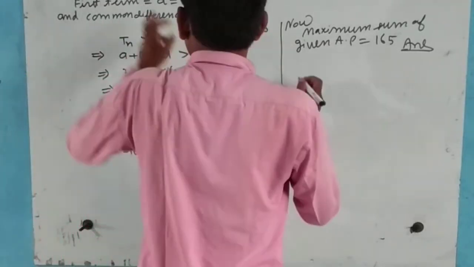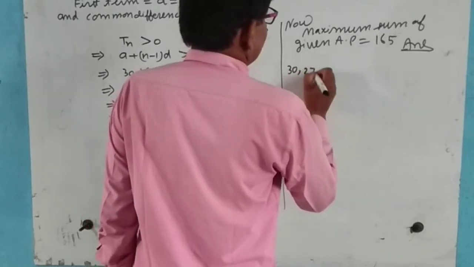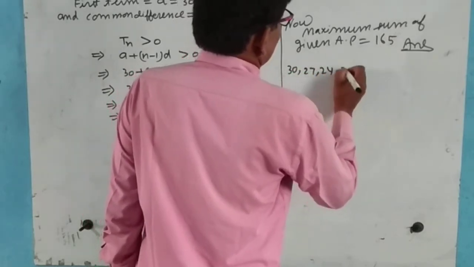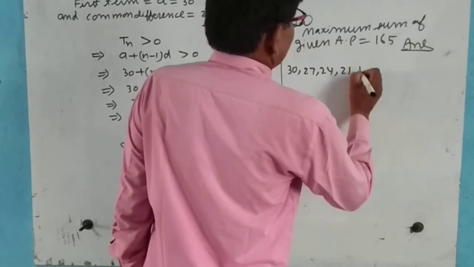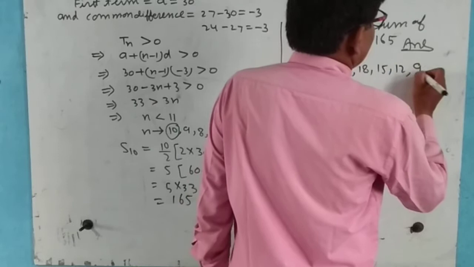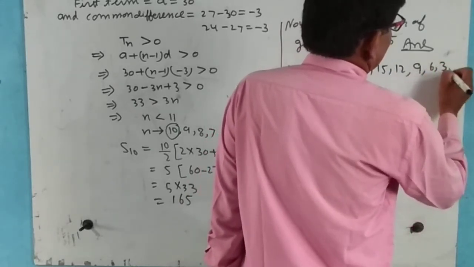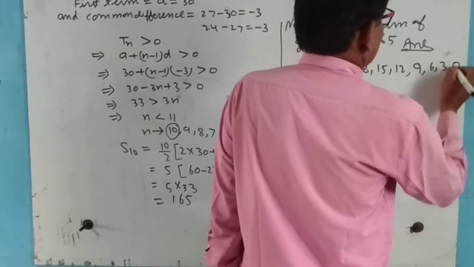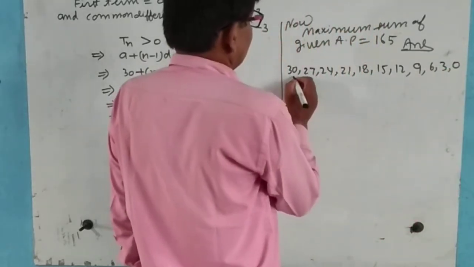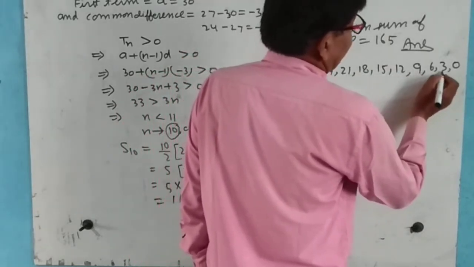In general we see here 30, 27, 24, 21, 18, 15, 12, 9, 6, 3, 0. Here 1, 2, 3, 4, 5, 6, 7, 8, 9, 10.